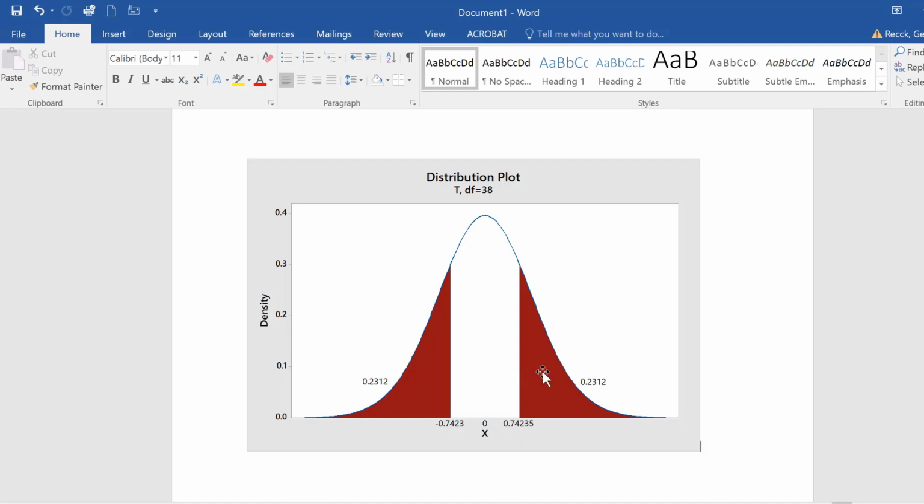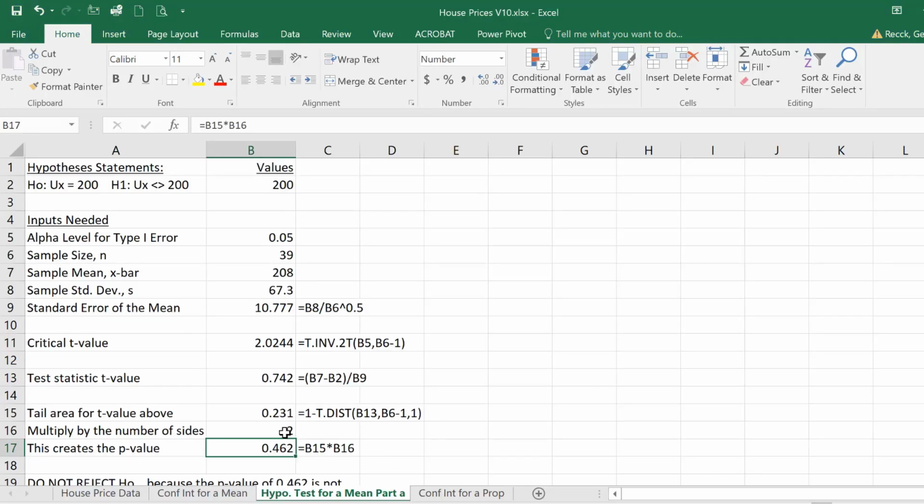You can see this display where we looked at the area above the test statistic, and because it was a two-sided test, we looked at the lower level, the opposite side, and so that's why we multiplied the tail area by 2 to get this p-value, and that's how it's created.